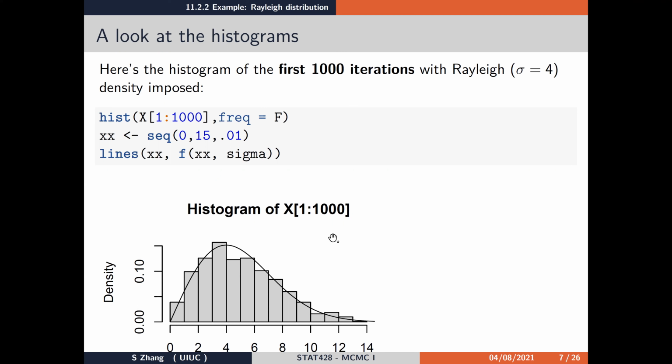So here's the histogram for the first 1,000 entries of x, from our initial one up to the 1,000th iteration. In this case, it seems like the empirical density of the x's is quite close to the theoretical density of the Rayleigh distribution, but there are some minor discrepancies, for example, over here.